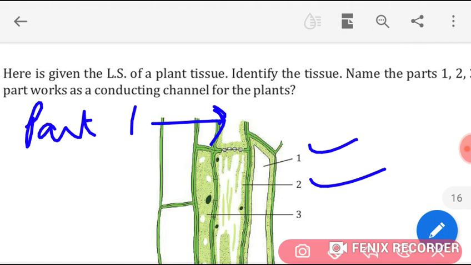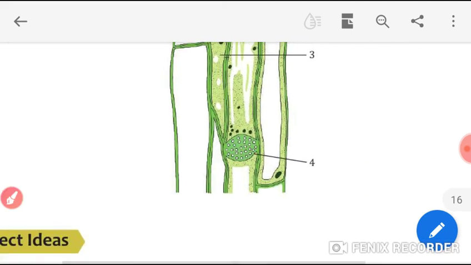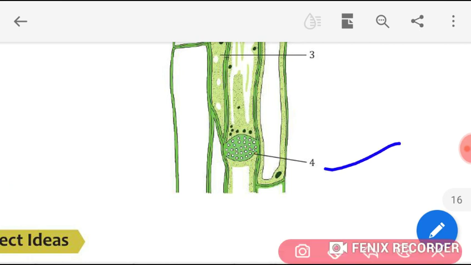Then next write companion cell. Then fourth, write sieve plate.